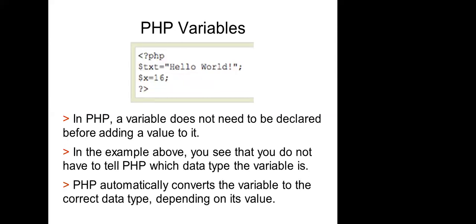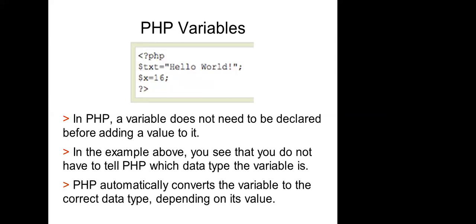You have to note the differences between C, C++, Java and PHP. In C, C++ and Java, what is required, guys? Before using any variable, you need to declare it. But in PHP, it isn't required.